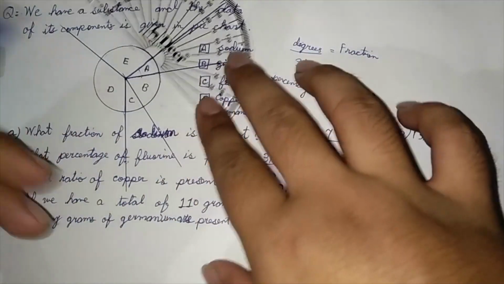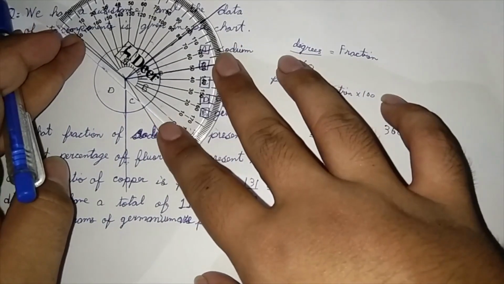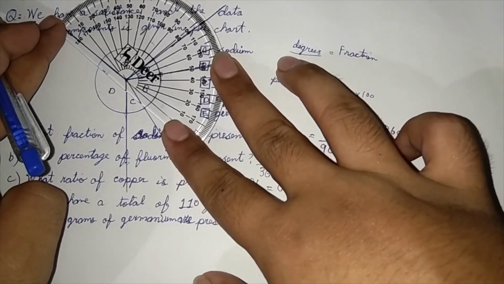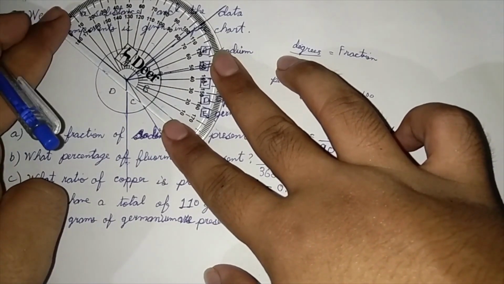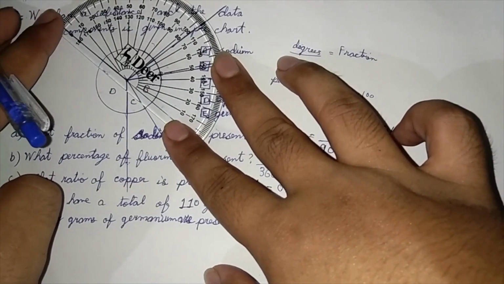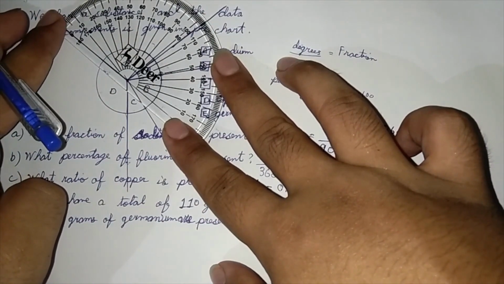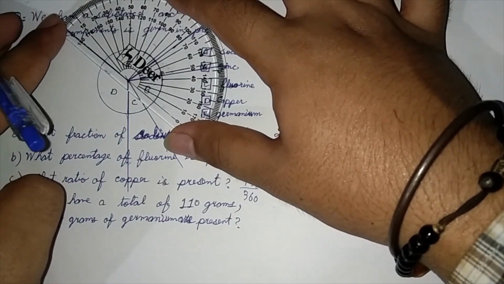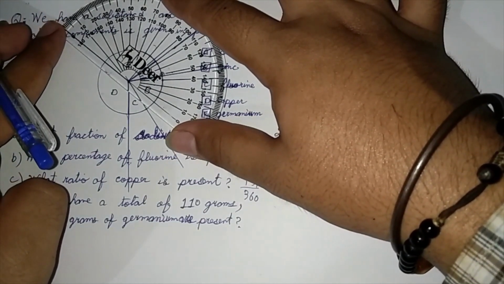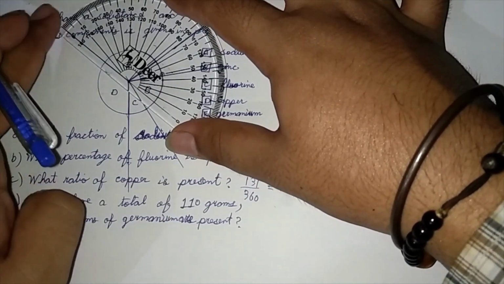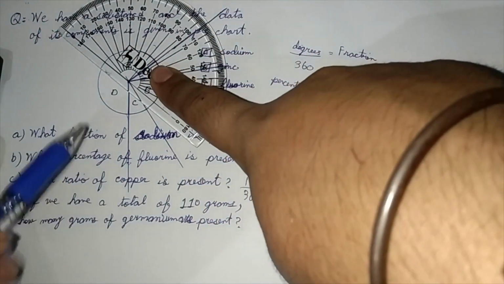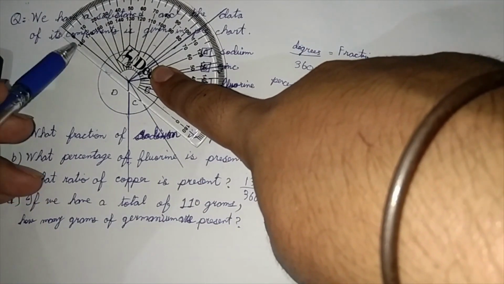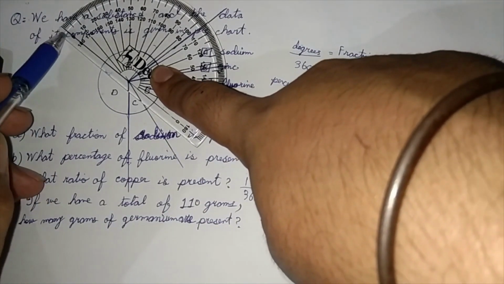If we take this one as our base, here we have our baseline, and here we have the 0 line, so I will use this 0 now.